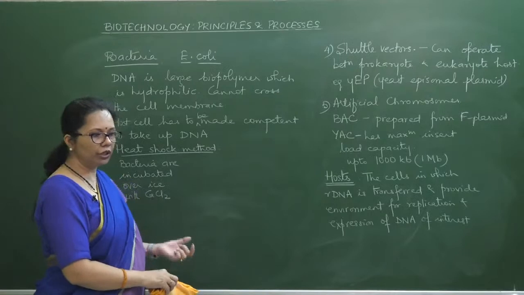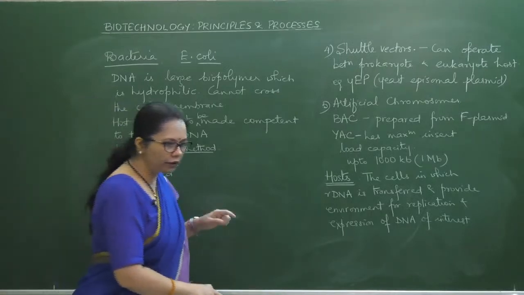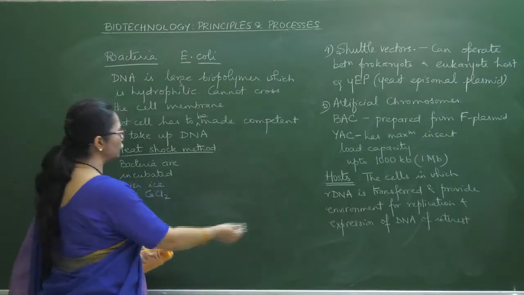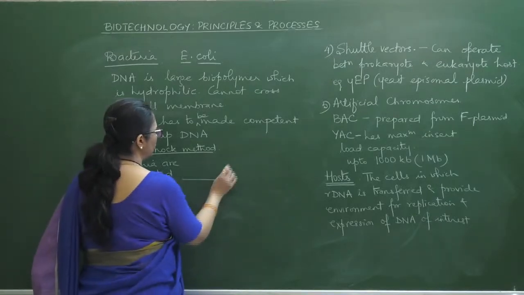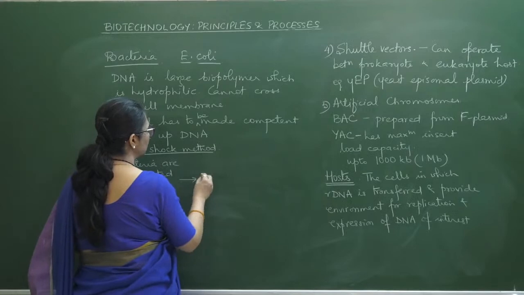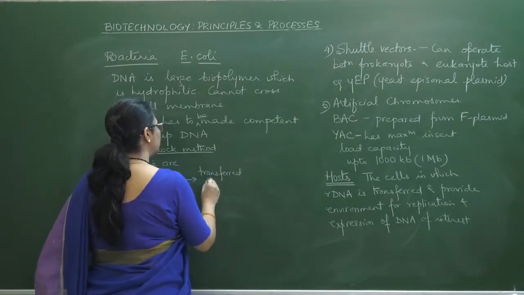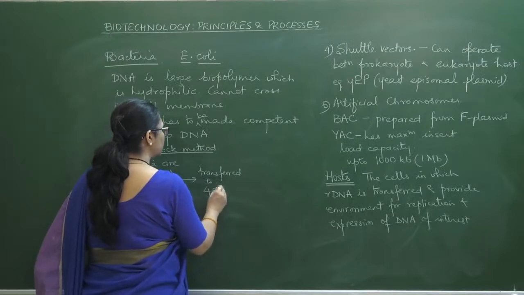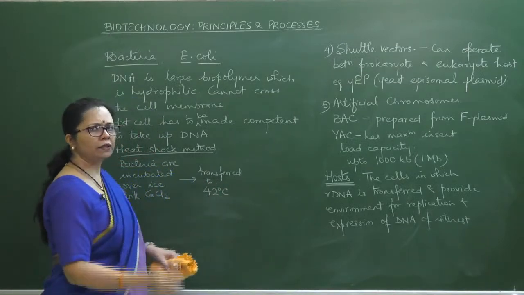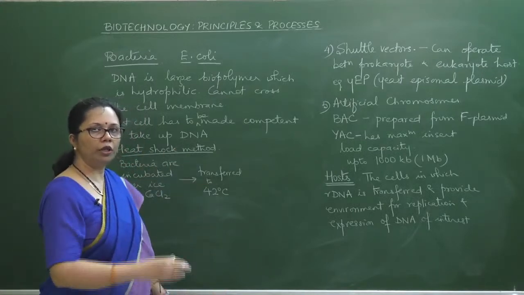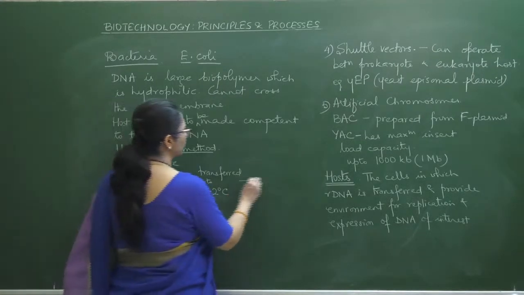Of course it will dissociate. And now from this ice they are transferred to a solution which is at 42 degrees Celsius, just for 2 minutes. Okay. And then immediately taken out and put back on ice.